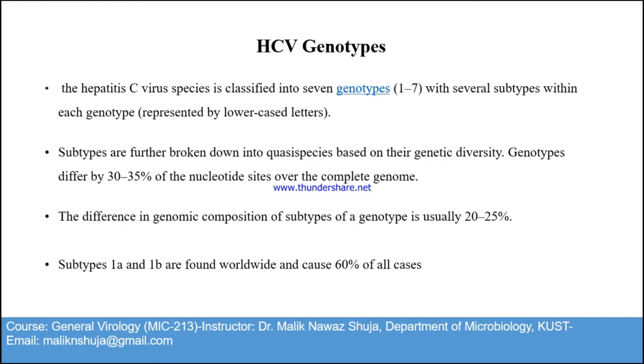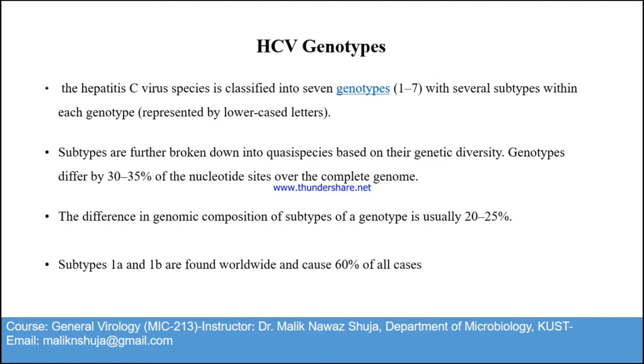The lower case letter of English represents each subtype of the same genotype, and 1A is different on the basis of its nucleotide sequence, the whole genome. We are talking about the whole genome. So it shows variation of 20 to 25%.